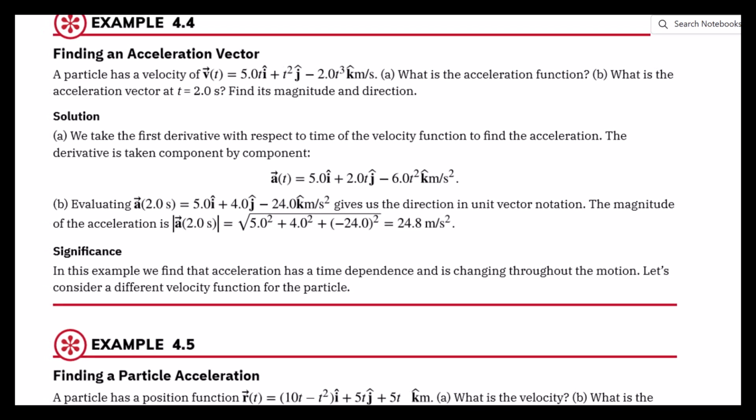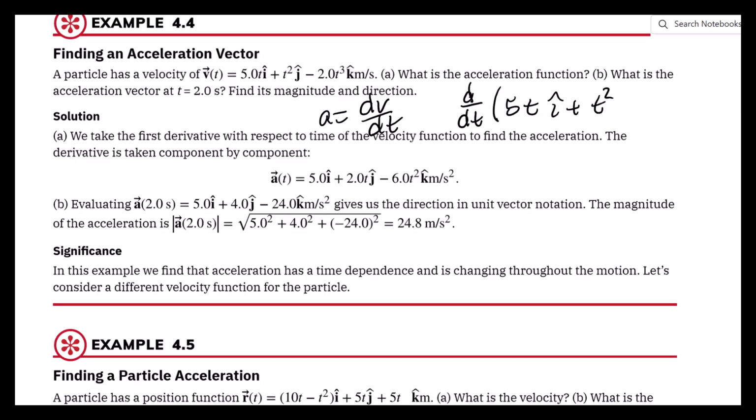Okay, so let's look at this. A particle has this velocity: 5t i hat plus t squared j hat minus 2t cubed k hat.